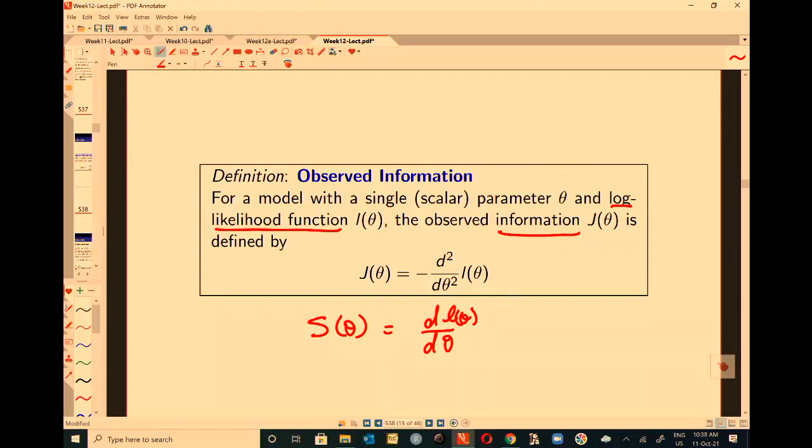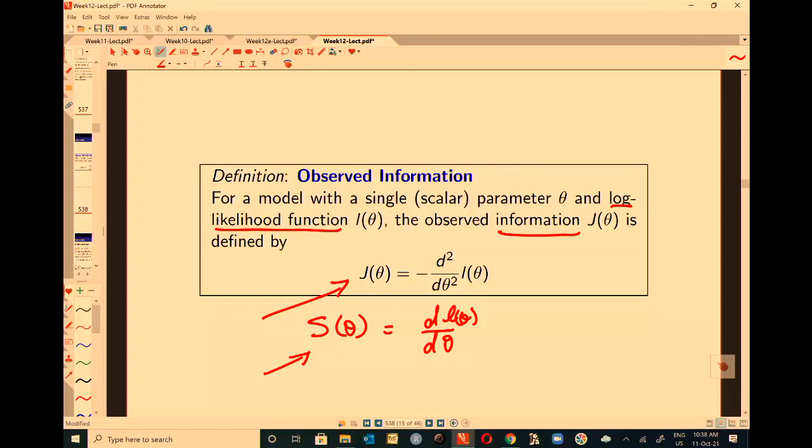Now, if theta is just a single parameter, these things are scalar functions. But if theta is a vector, if I've got two things in the parameter vector theta, like pi 1, pi 2 we had with the lunar data, then my S here will be a vector and my J will be a matrix. So it's the information matrix we're looking at here.